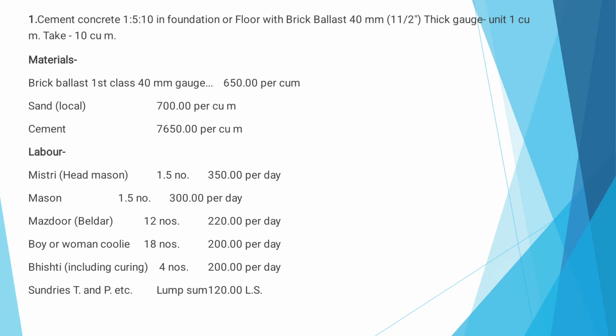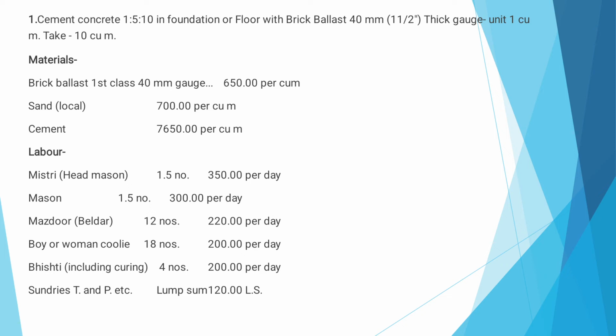Then boy or woman coolie, 18 numbers, 200 rupees per day. Then bistri including curing, 4 numbers, 200 rupees per day. Then sundries, T and P, that is temporary work or petty works, lump sum 120 rupees. LS means lump sum.